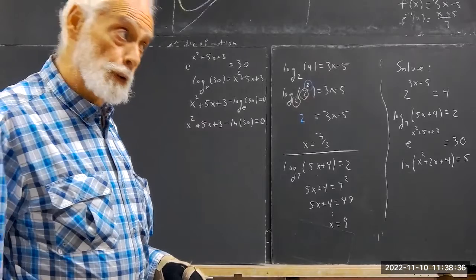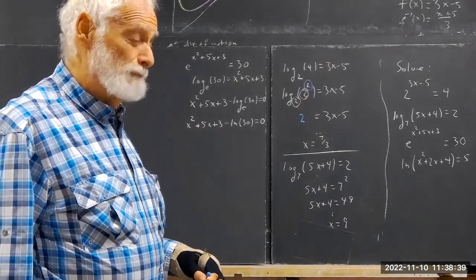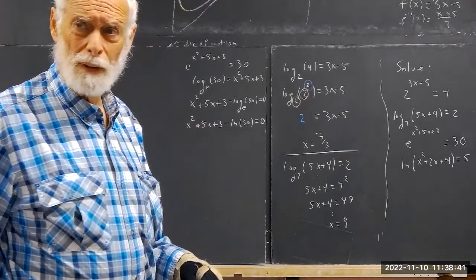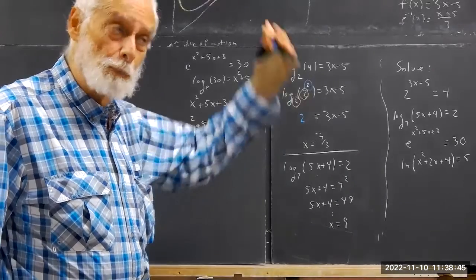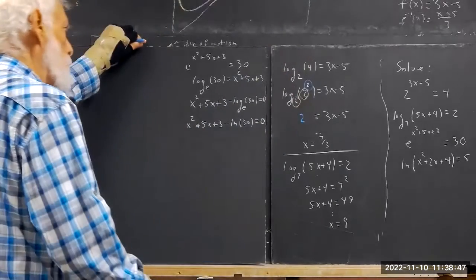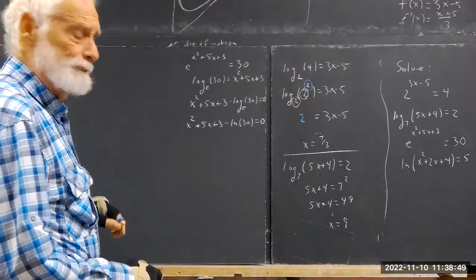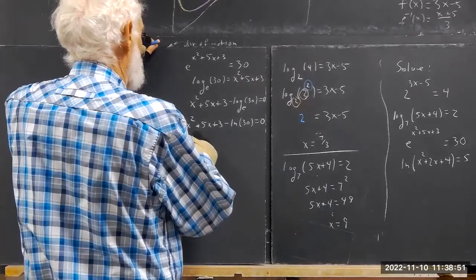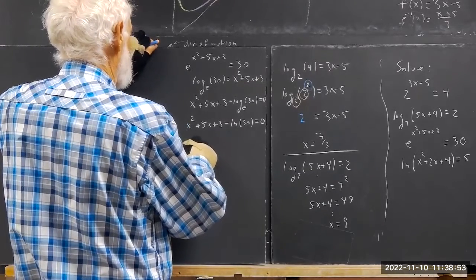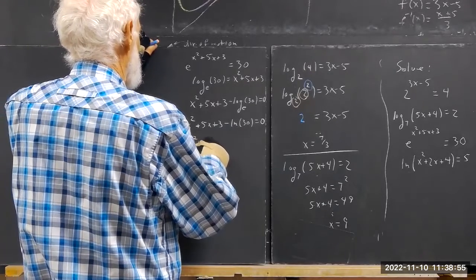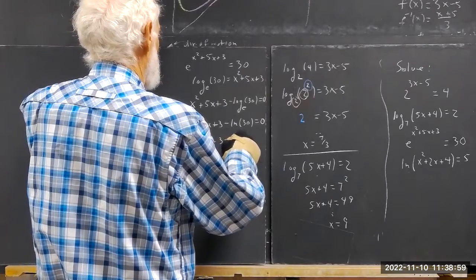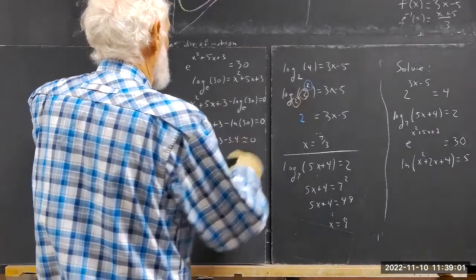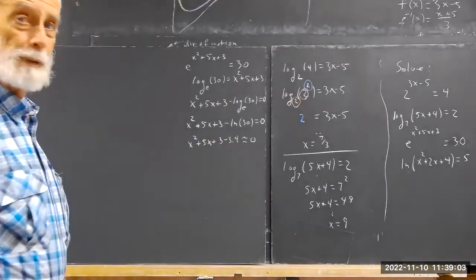Natural log of 30, which is around 3.2 to 3.4, I think. So we'll pretend that that's a decent estimate.